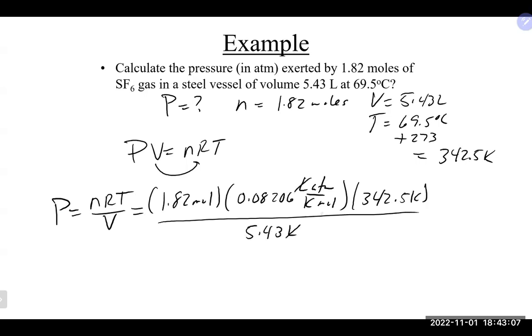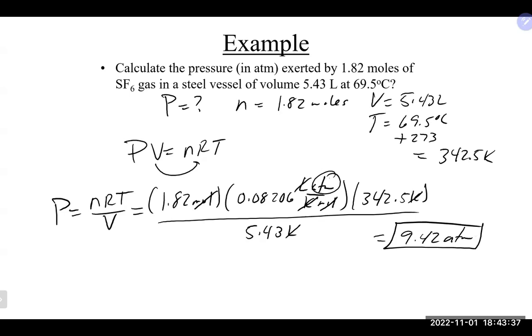Liters on top and bottom cancel, Kelvin cancels, moles cancel, leaving just atmospheres, which is good since we're looking for a pressure. 1.82 times 0.08206 times 342.5 divided by 5.43 gives us 9.42 atmospheres as our pressure.